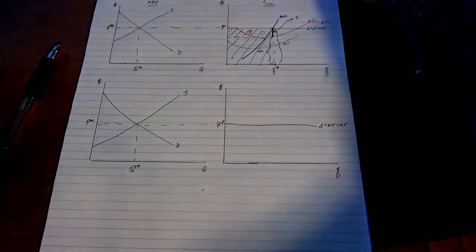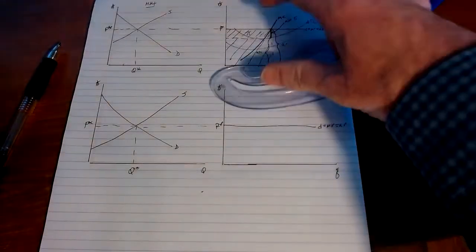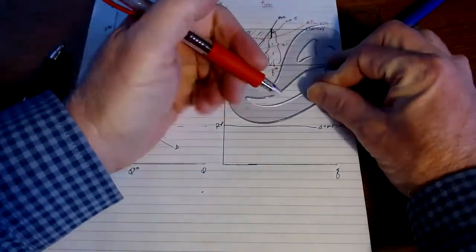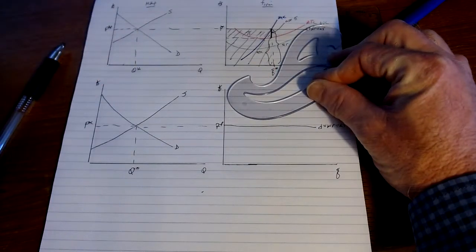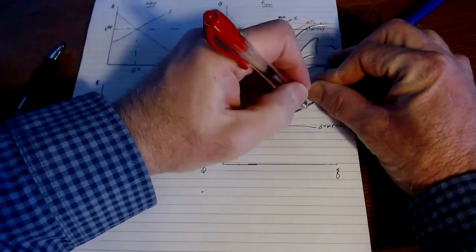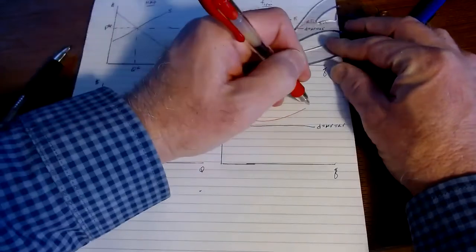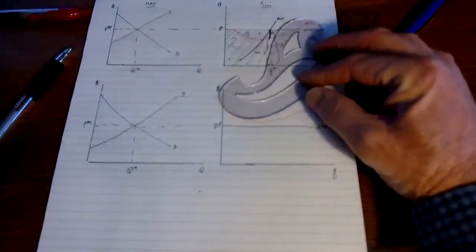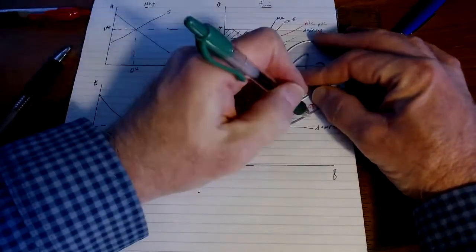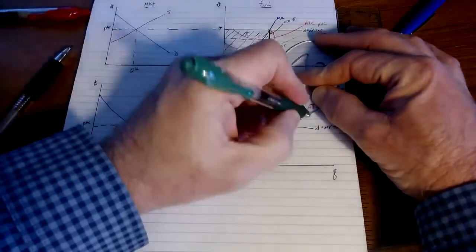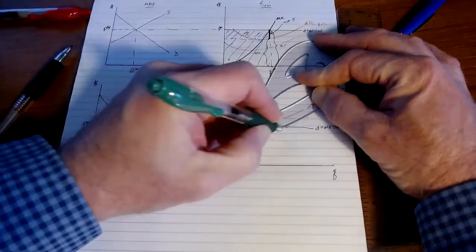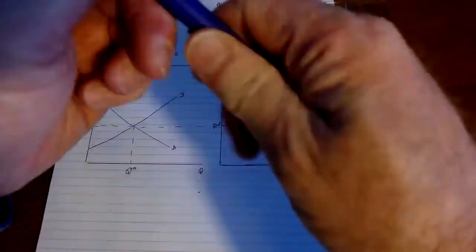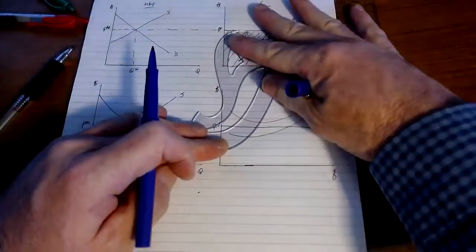Now suppose that the firm's costs look like this. Here's going to be the average total cost. Here's the average variable cost. And here's the marginal cost.